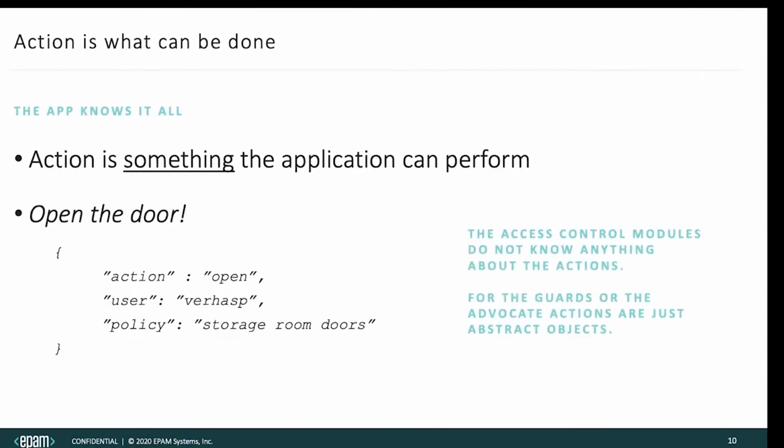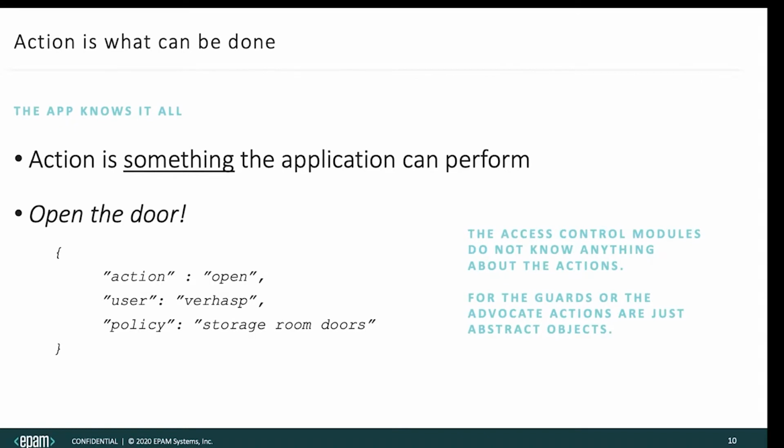The action itself is something the application can perform. The interesting thing is that the access control advocate, which is calculating this list of actions, doesn't know what a certain action is. It's a string. It's totally opaque for it. It doesn't know what it is.